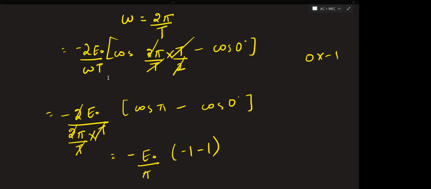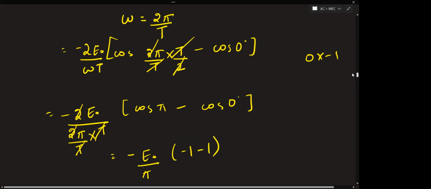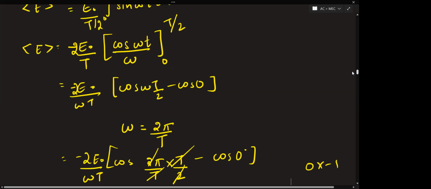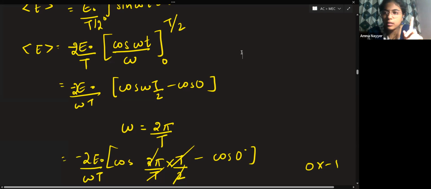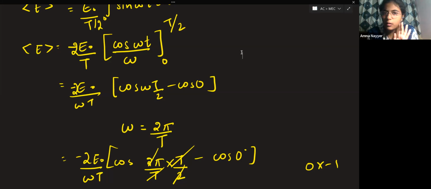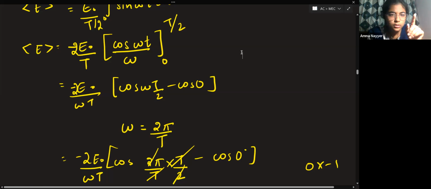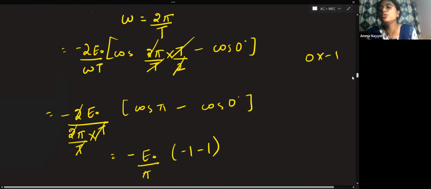Since the integral of sine is cos, so the final answer should be negative. See, the negative sign query. Look, in this case, the negative sign is over here. When you're integrating sine, you're right, you will get minus cos. So the minus sign we have written over here. At the end, minus 2 came.